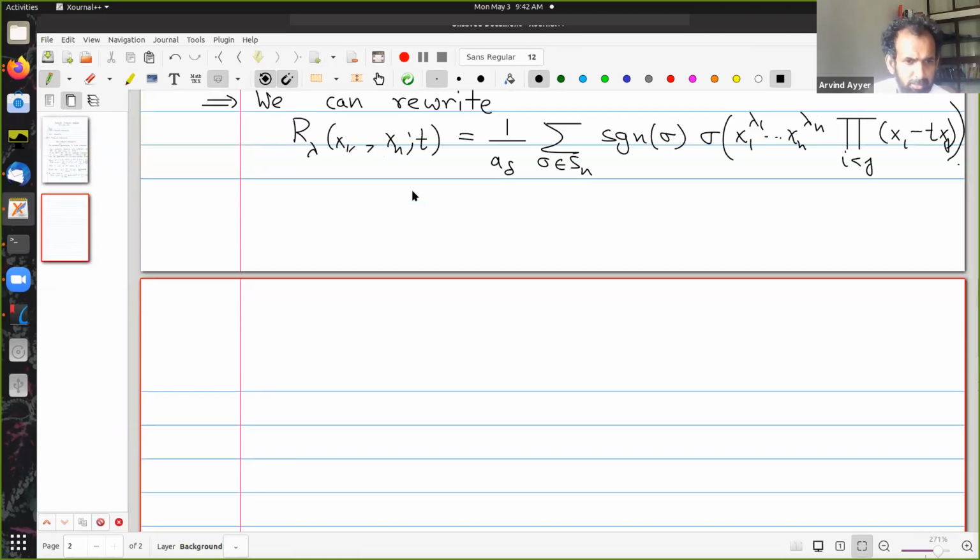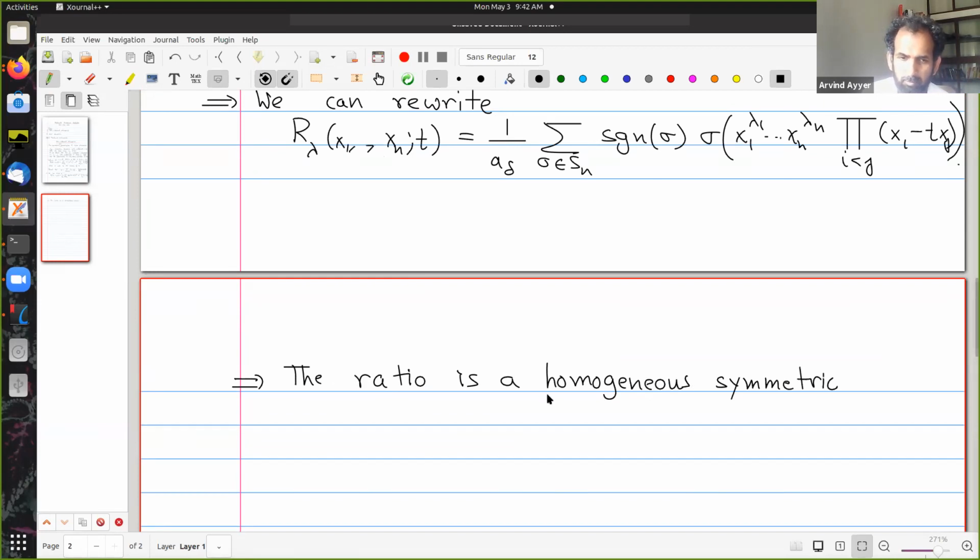So say that the ratio is a homogeneous symmetric polynomial in x1 up to xn of degree.